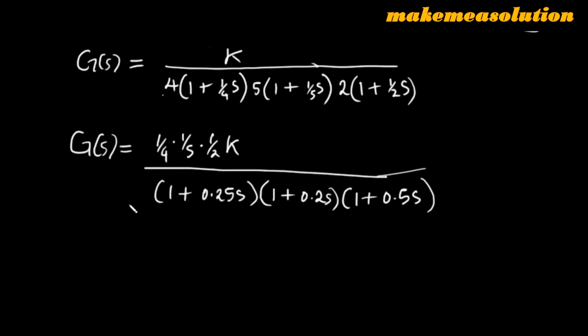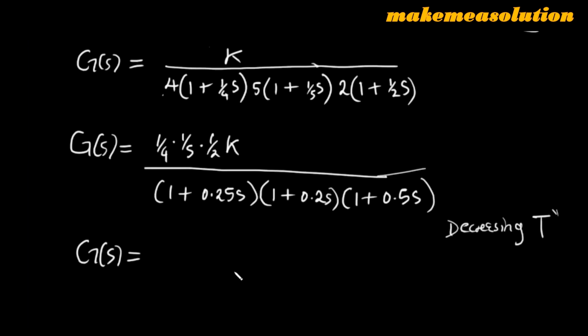This is not all. Another thing we need to note is that when you're expressing it in the standard time constant form, it is important to arrange in order of decreasing time constant.